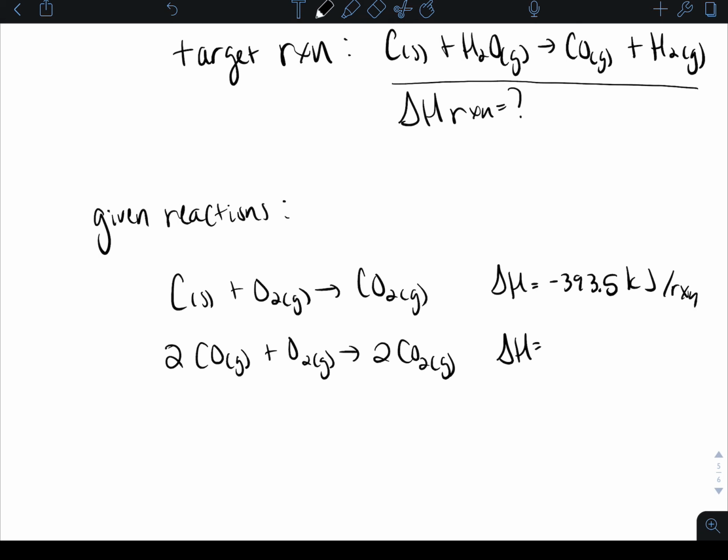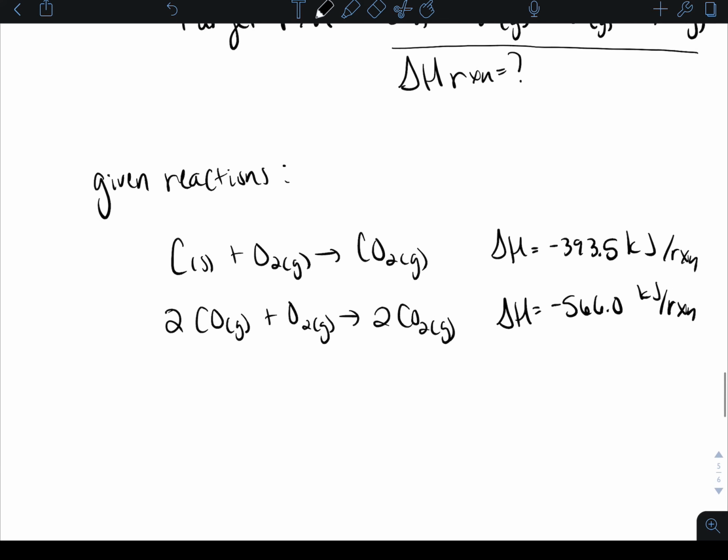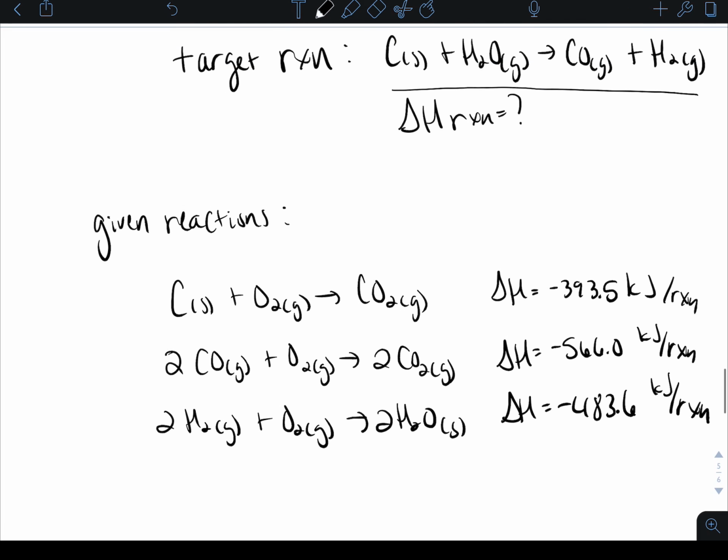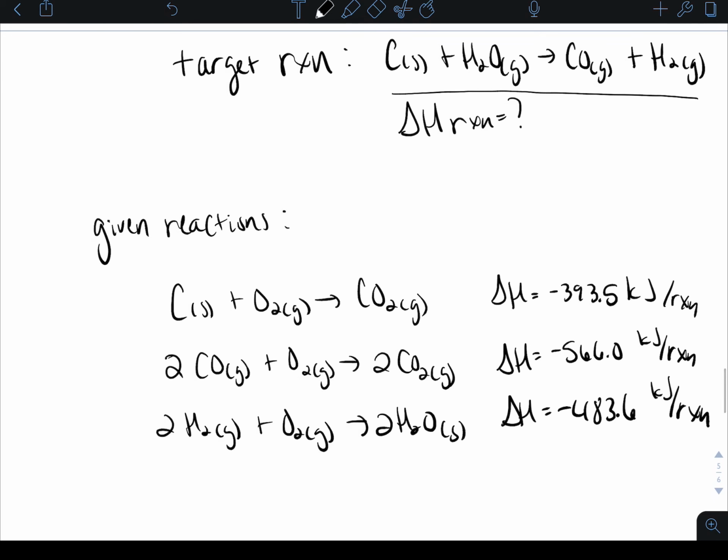Delta H of reaction equal to negative 566.0 kilojoules per reaction. And then lastly, 2H2 gas plus O2 gas goes to 2H2O gas, negative 483.6 kilojoules per reaction. So we want, using these three reactions, we want to come up with this reaction.